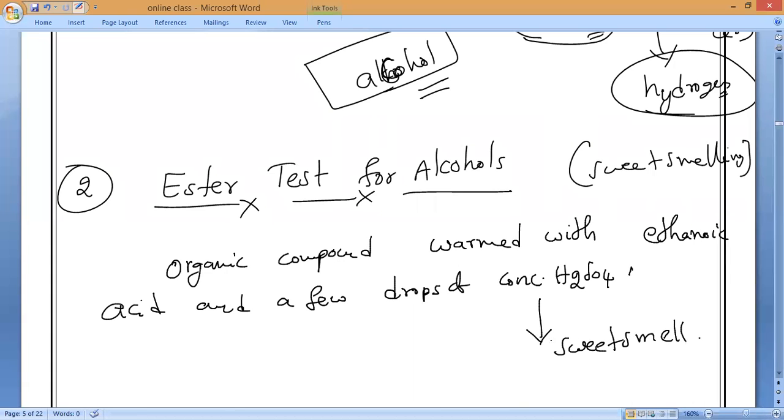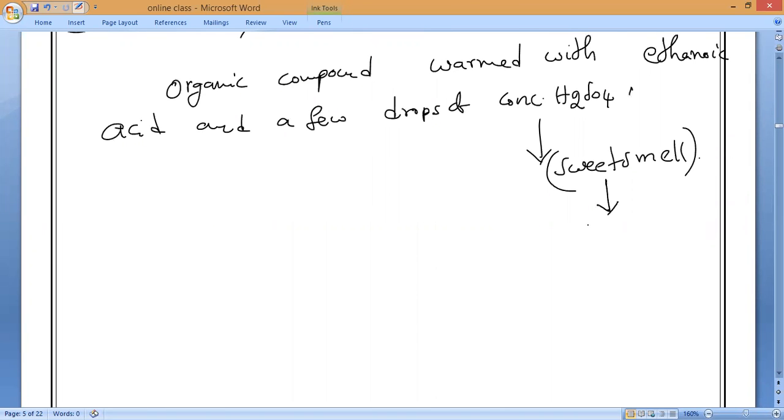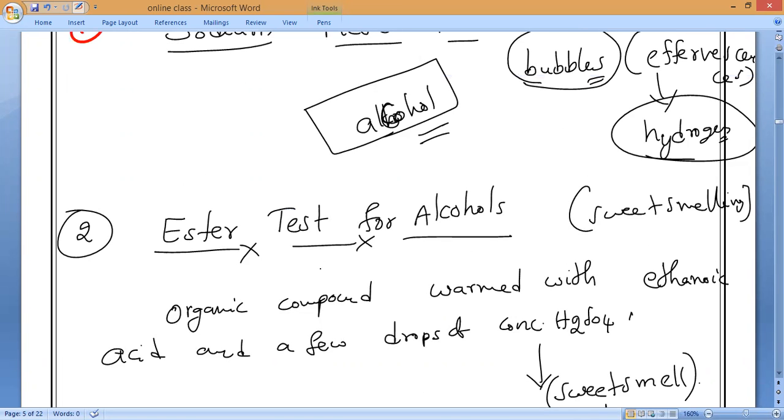Then immediately we will get a sweet smell. This sweet smell is coming due to the formation of ester. So it indicates that the given organic compound is an alcohol. These are the two tests given in our NCERT, and we also need to learn them.